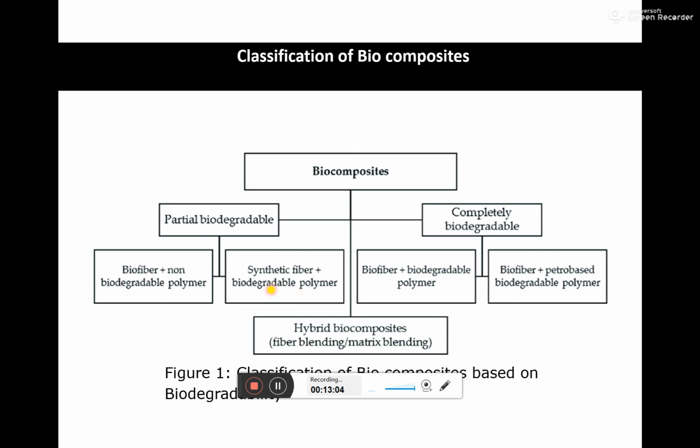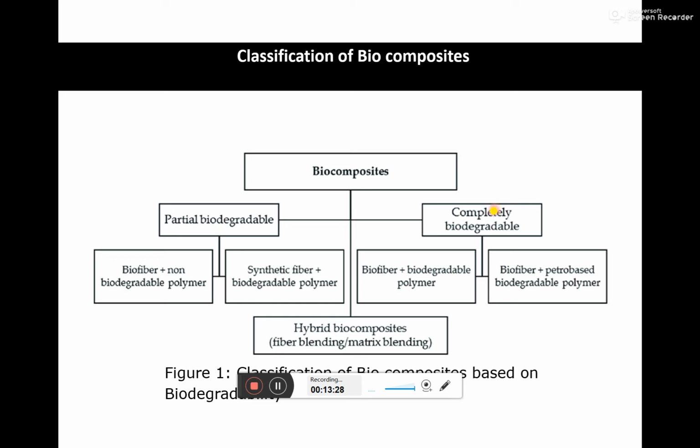In both of these, you can see that either the matrix material or the reinforcement material is one biodegradable element, and the other material will be a non-biodegradable material. Such a classification comes under the partially biodegradable material.